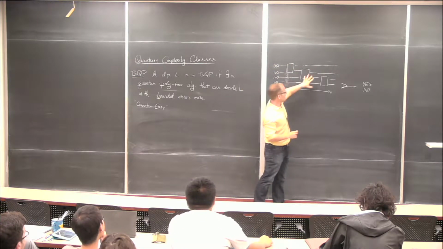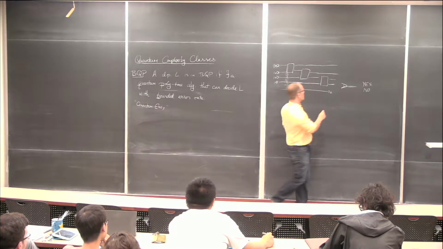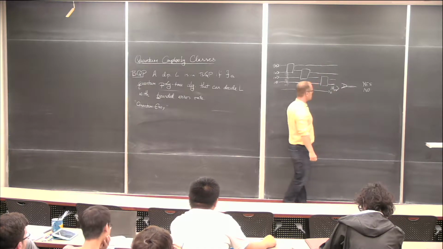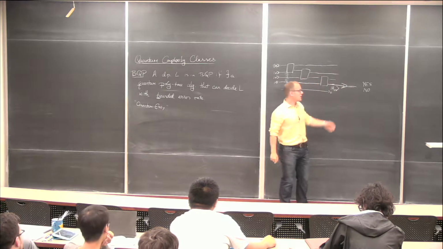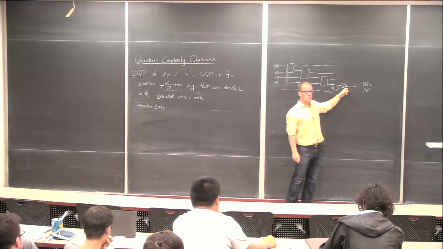Or X might be built into the gates I choose, so there's a couple different ways to do it. And then at the end, there's some state psi at time t, right? And I'm going to do a measurement. And if I knew exactly what psi was, why would I have done the computation? So I need to learn about it, and that I can only do by making measurements.